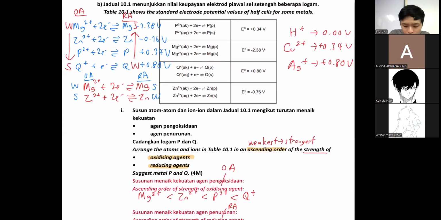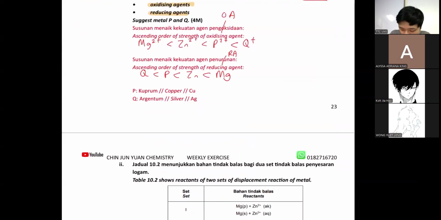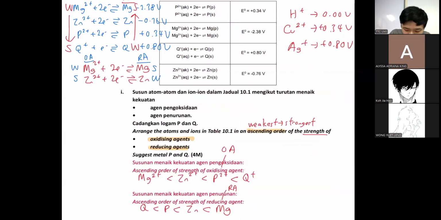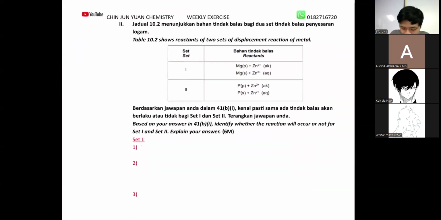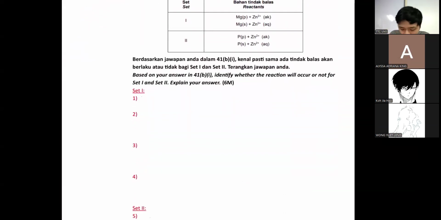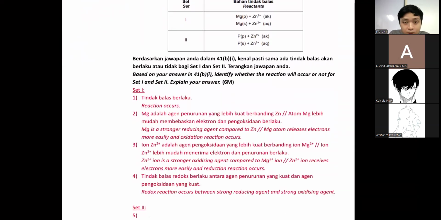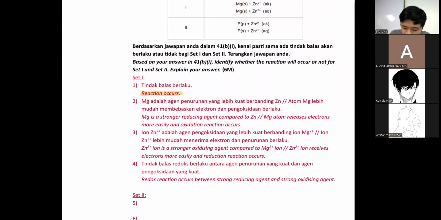They ask for Mg and Zn2+. You can see clearly, Mg is a strong reducing agent and Zn2+ is a strong oxidizing agent. So that's why in this case, yes, Set 1 has a reaction. Reaction occurs.